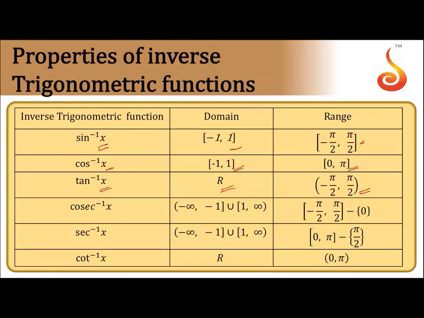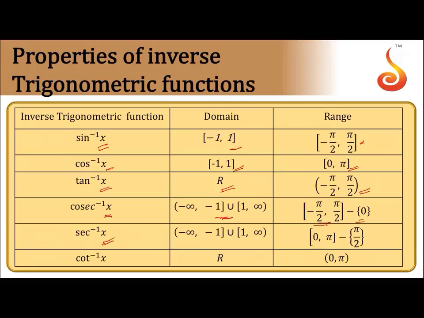We know cosecant x is defined on the domain minus pi by 2 to pi by 2 except 0. This will become the range of cosecant inverse x, and the domain of cosecant inverse x is the range of cosecant x.